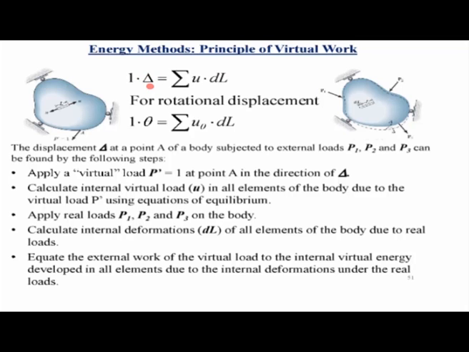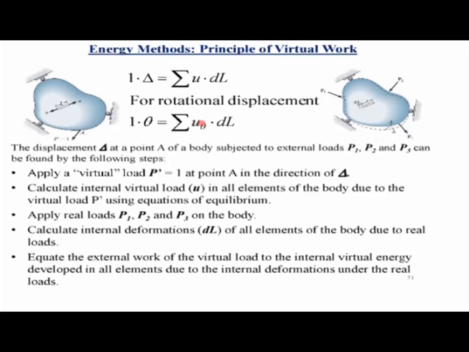Now if you have to calculate rotation at that point, the same thing would be done, the only difference being that instead of applying a load, we would apply a unit moment. The unit moment times the actual rotation at that point due to the applied load would be equal to, again, the internal virtual strain energy due to the internal virtual loads and the actual deformations of the elements.